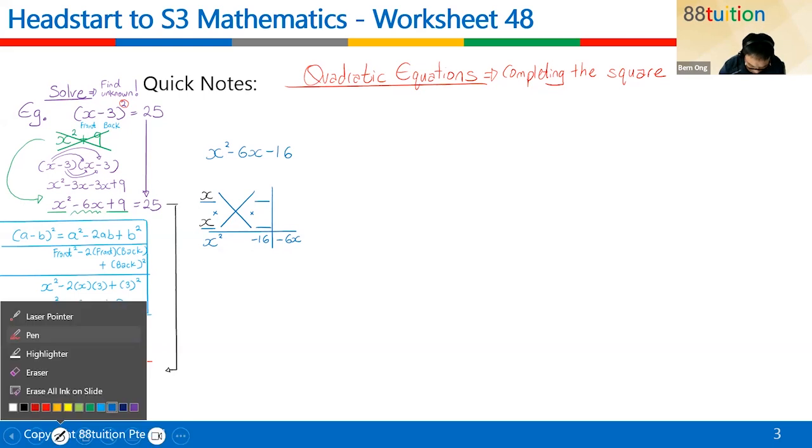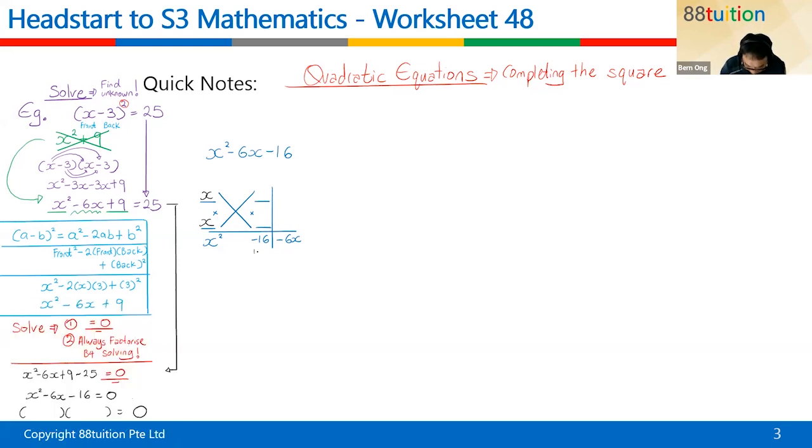There's a few possibilities. It can be 1 times 16, 2 times 8, or 4 times 4. But you must select one which eventually will give you a 6 down here. So I will choose the 2 times 8 down here. I choose you! 2 times 8! Sorry, act like Pokemon, sorry. So you choose 2 times 8 eventually to get the 6 like that.